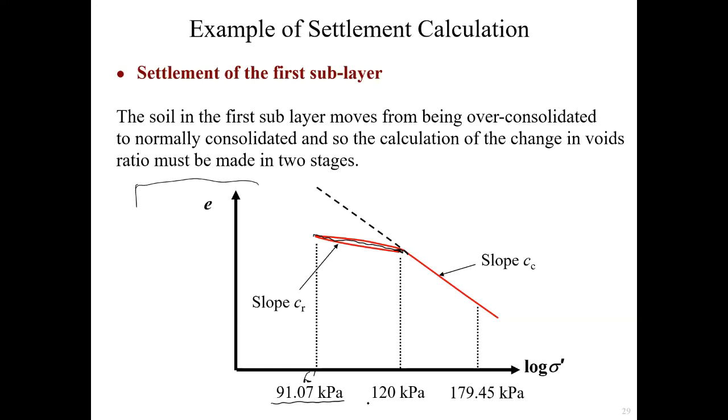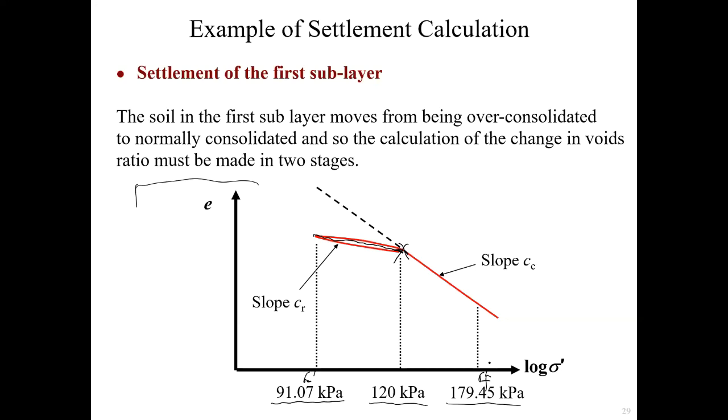And this 120, that's the given value. So it's always the intersection point between NC and OC. And this is the sigma F prime. That's the value we work out after we apply the load and the water table rises.